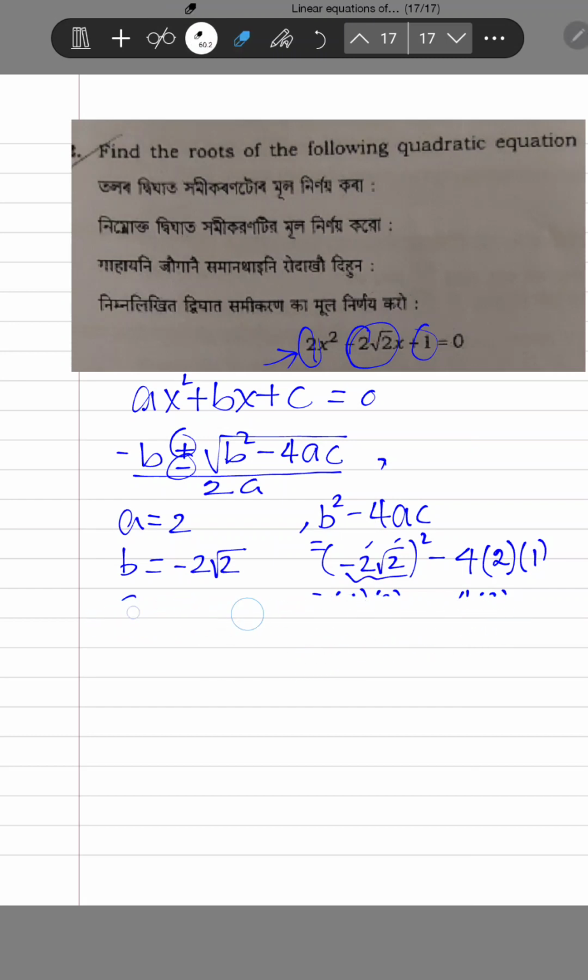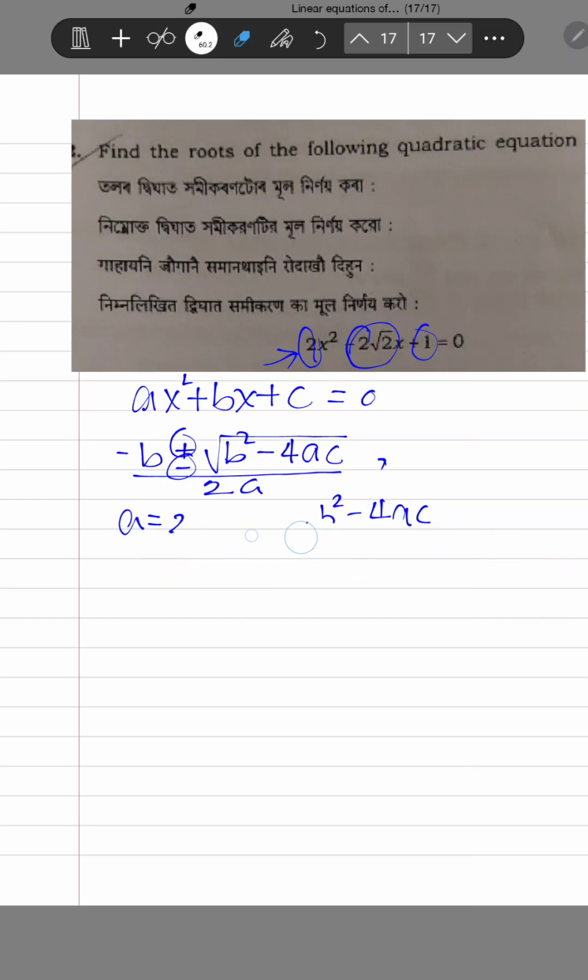Let me go back to the general formula of the roots of the quadratic equation up here, and we start again. So minus b plus or minus square root of b squared minus 4ac, divided by 2a. In this case, this part is 0. We've checked it already.